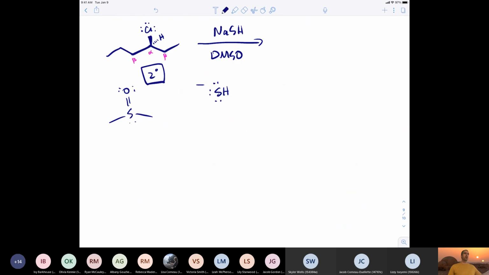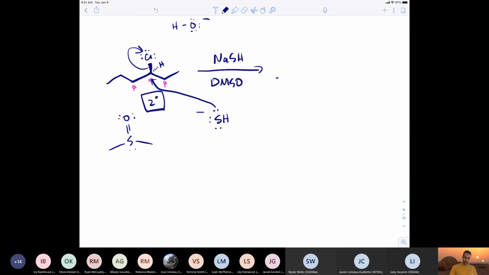How does SN2 look? Nucleophile attacks the alpha carbon, bond breaks. Same thing every time. Our nucleophile comes in and attacks the carbon. Leaving group goes. One step. There.